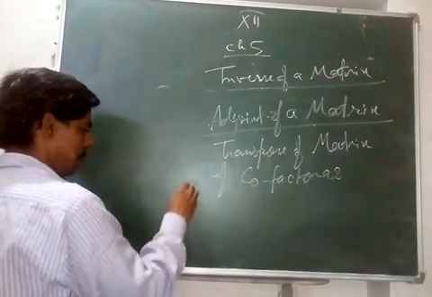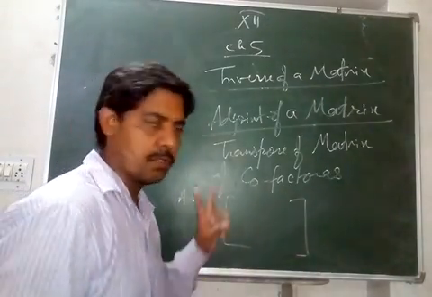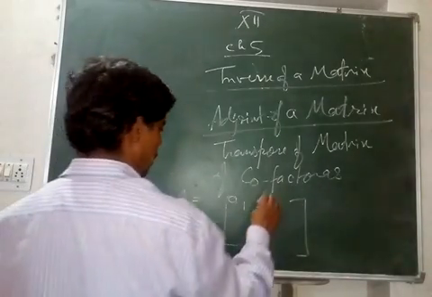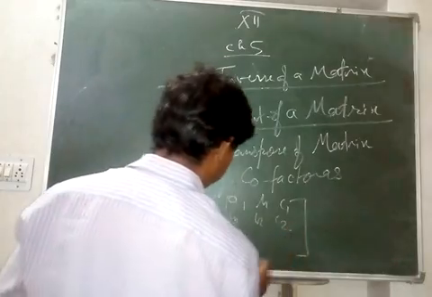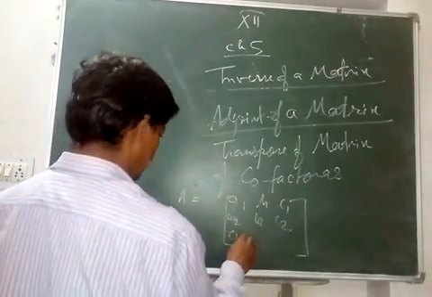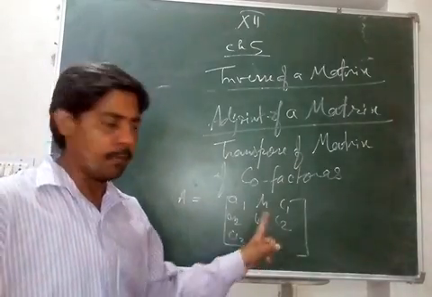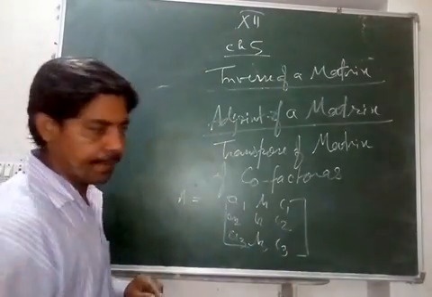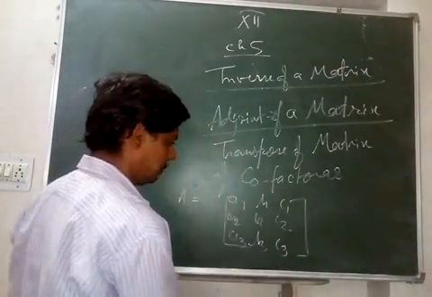So suppose we have a matrix A. Consider a square matrix of order 3: A1, B1, C1, A2, B2, C2, A3, B3, C3, okay? And the other one is, let's write the cofactors. What are the cofactors?